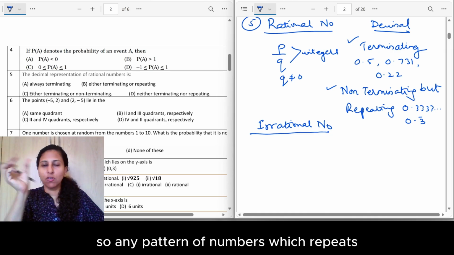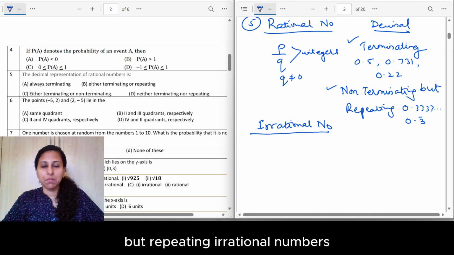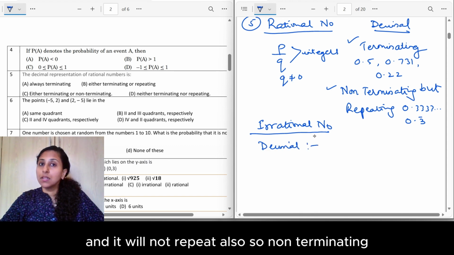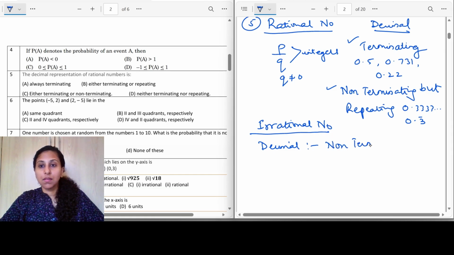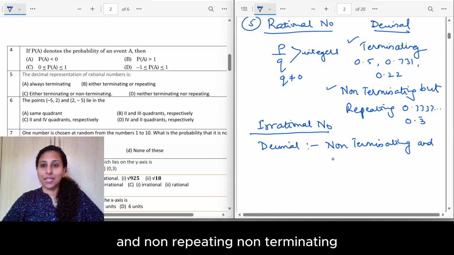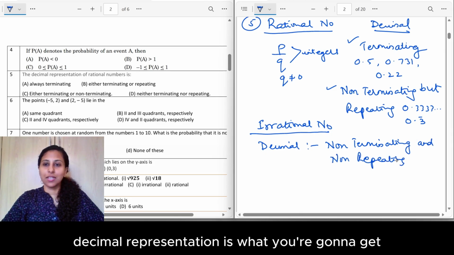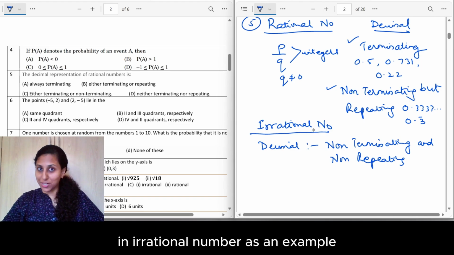So any pattern of numbers which repeats, that is non-terminating but repeating. For irrational numbers, the decimal representation will not terminate, and it will not repeat either. So non-terminating and non-repeating decimal representation is what you're going to get in an irrational number.